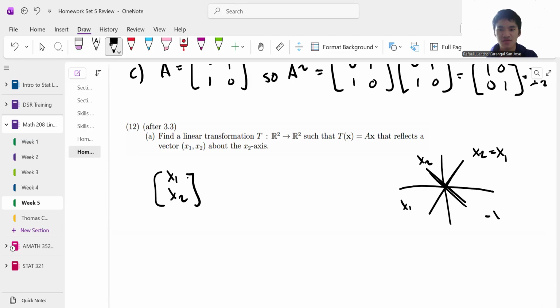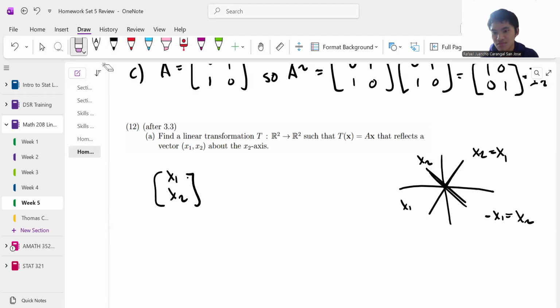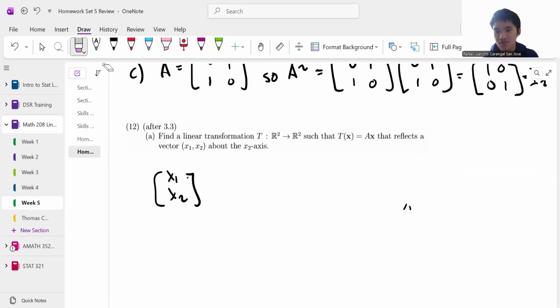So we say negative x1 equals x2. So it's actually just making any one of them negative, and we should be good.